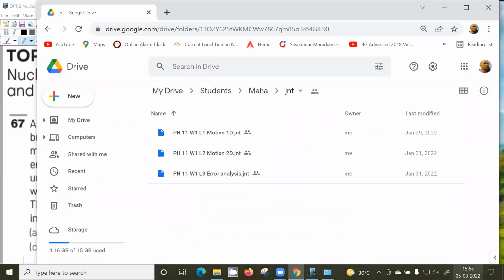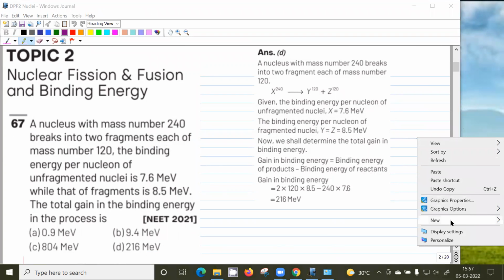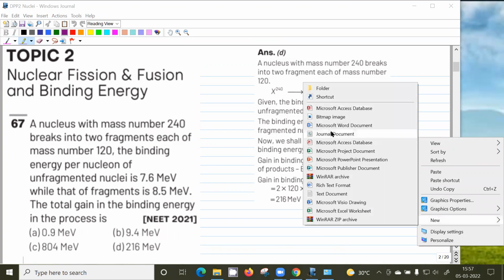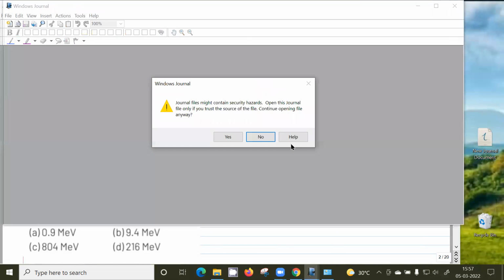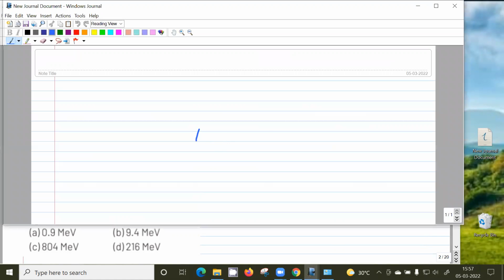No, see, you right click, you get this Journal document. Just click that one. You get an empty document on your desktop. Just double click that and then click yes. From this, you will get this one.